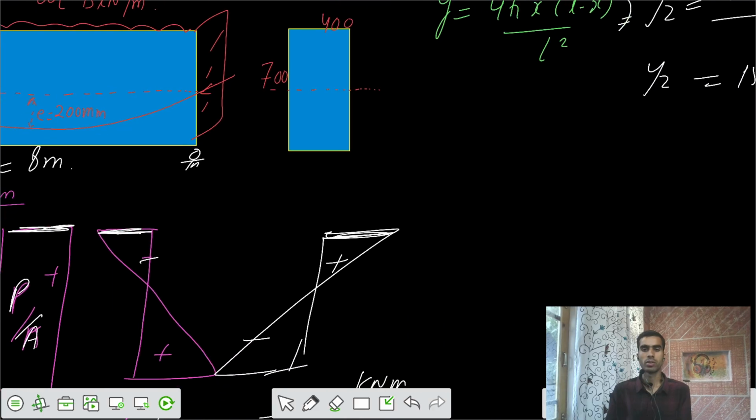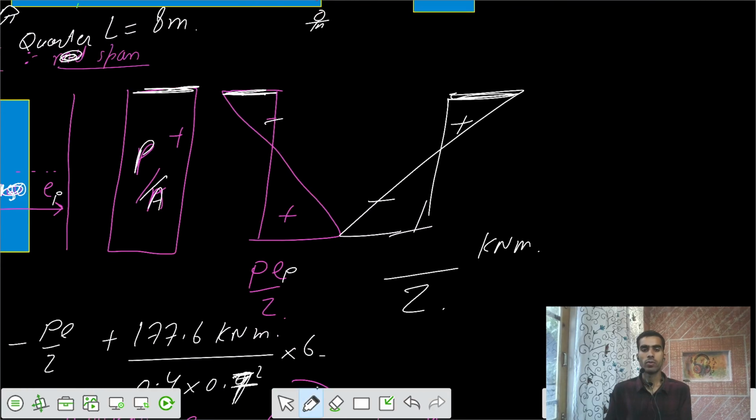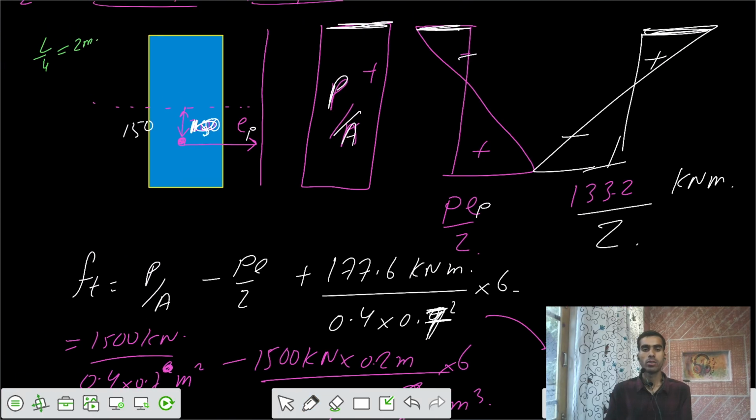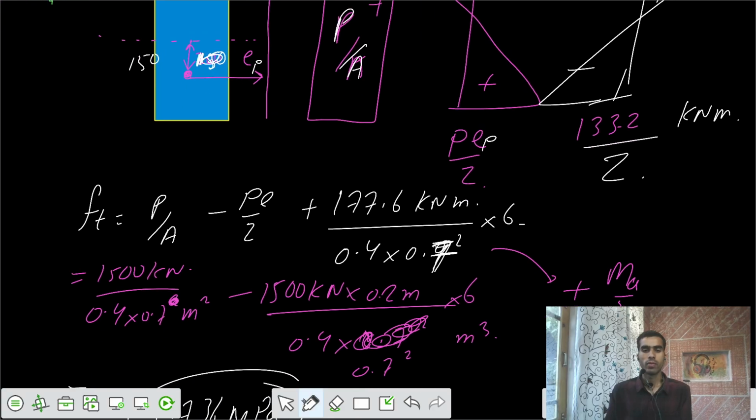133.2 kilonewton meters. So this value of M by Z is 133.2 kilonewton meters divided by Z, the section modulus. So let's calculate those stresses. We just have to replace the 0.2 with EP.